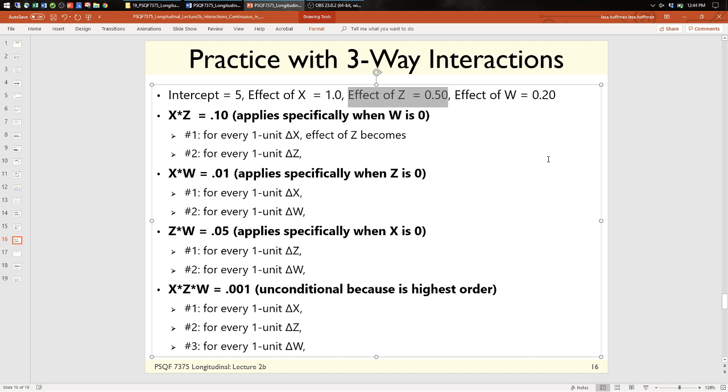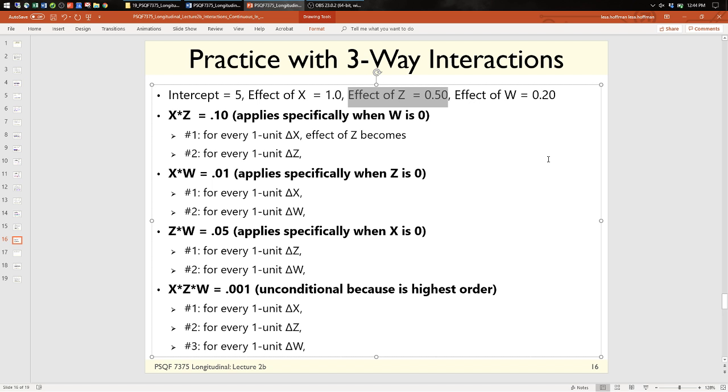What's the end of the sentence? When, if z interacts with x and w. So this is y goes up by 0.5 for every 1 unit difference in z when W and x are 0?